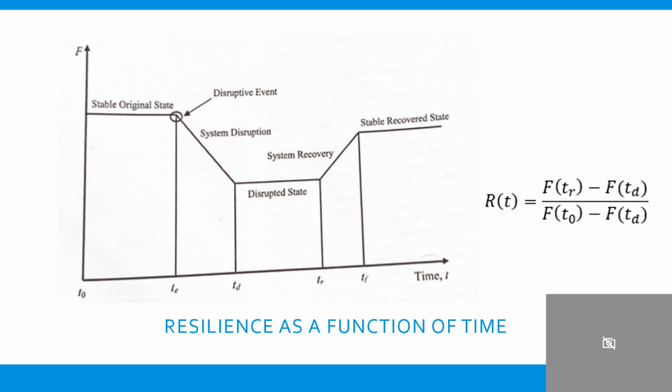So as you can see here on this chart, resilience is graphed as a function of time with an equation for R at t that can be used to solve for resilience mathematically. And this can help with proper design calculations that will optimize an infrastructure.